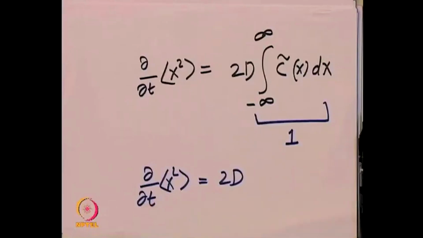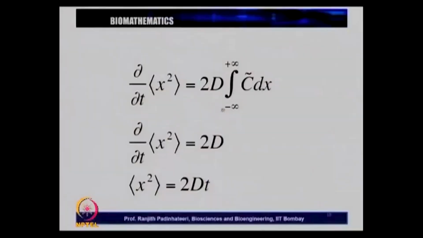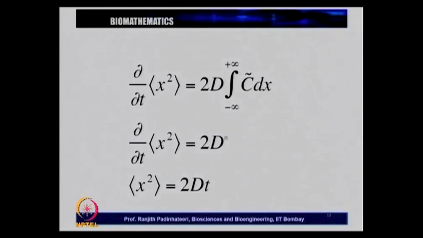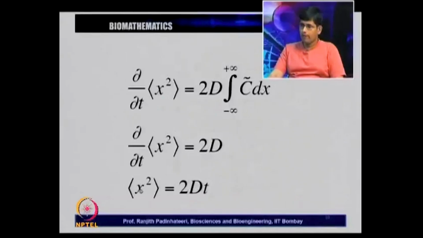Since integral c tilde of x dx is 1, we have del by del t of x square average as 2d. So, we have x square average is equal to 2dt.